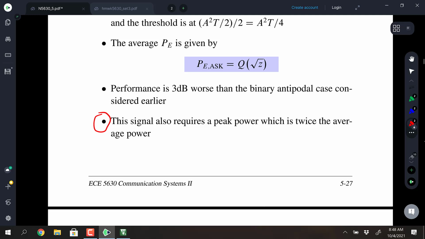So to get an average energy of a bit, you have to have a peak power that's twice, because you're sending nothing in between, and that is not necessarily a good thing from an overall efficiency standpoint. The fact that you have to have a device that can put out twice as much power means it has to have more dynamic range.